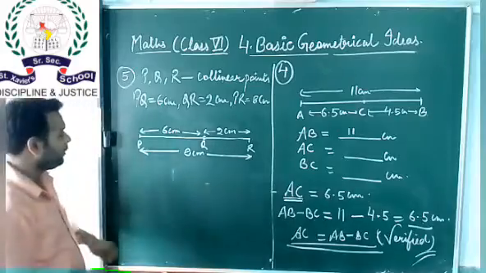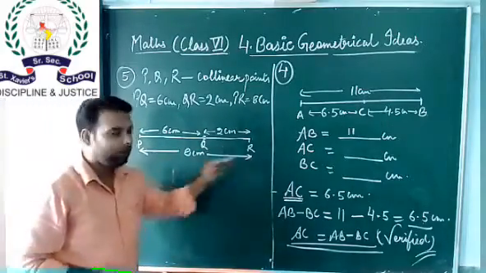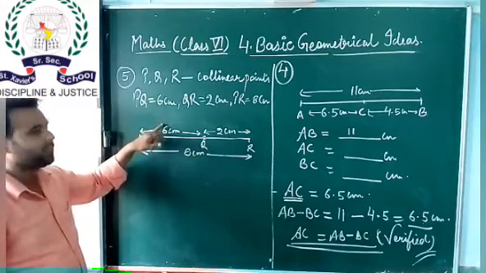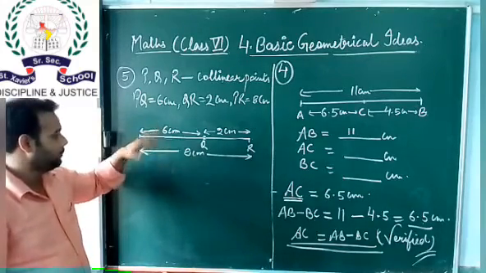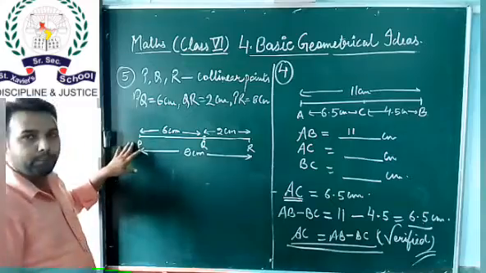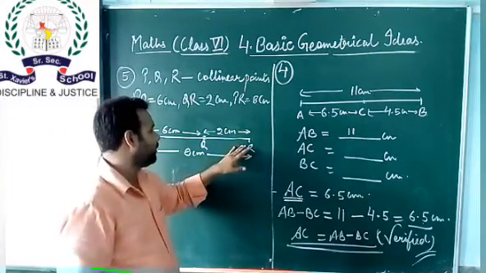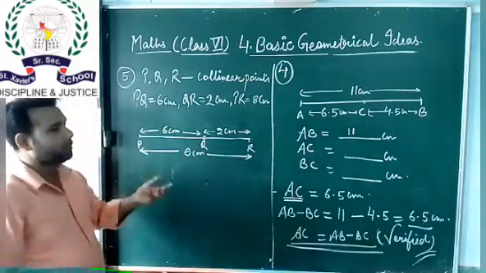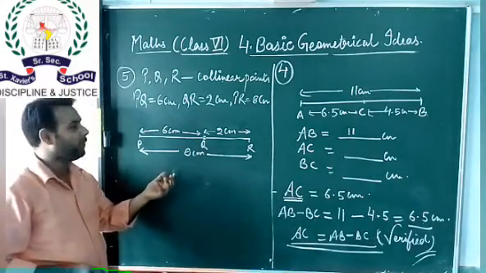On measuring PR, we have to put a point Q which is at 6 centimeter distance from the point P and 2 centimeter distance from the point R. Then the question is which point lies between the two?